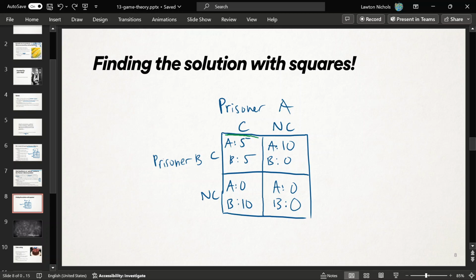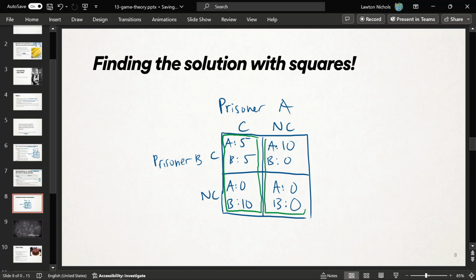Prisoner A could confess or not confess, and we have no clue what prisoner B is going to do. Here are prisoner A's two options, the two outcomes. That's all prisoner A has control over, whether they confess or whether they don't confess. They have no control over what prisoner B does.